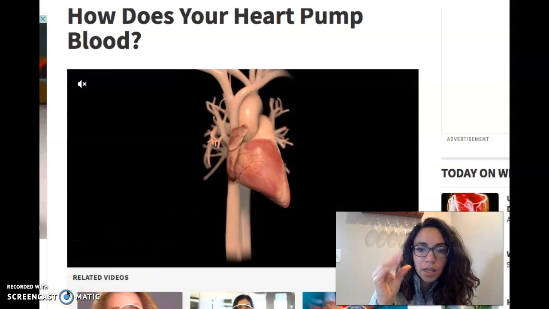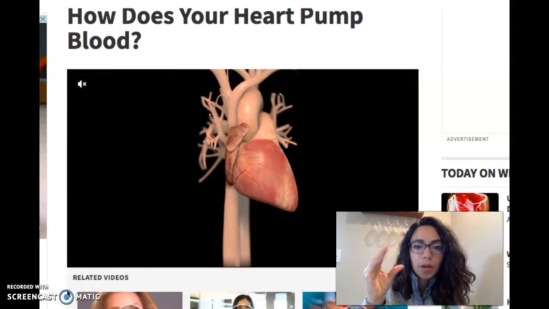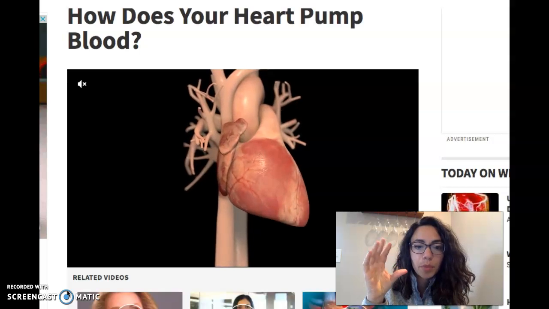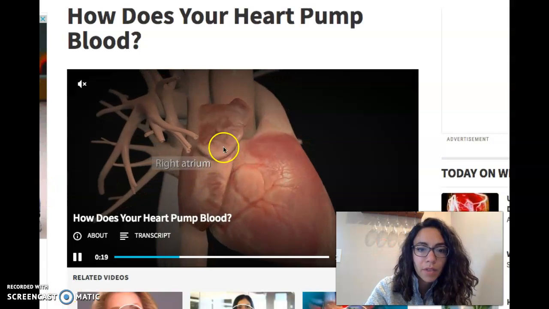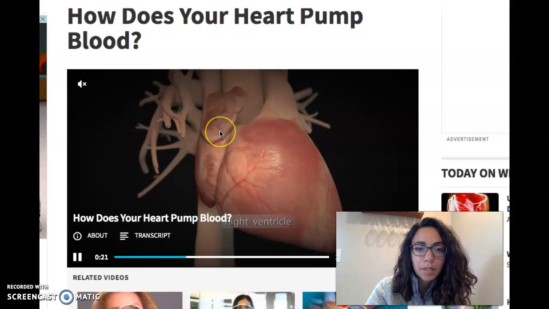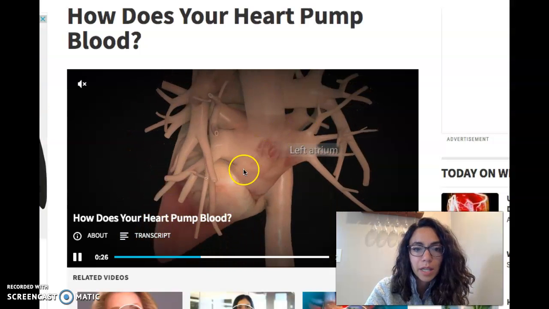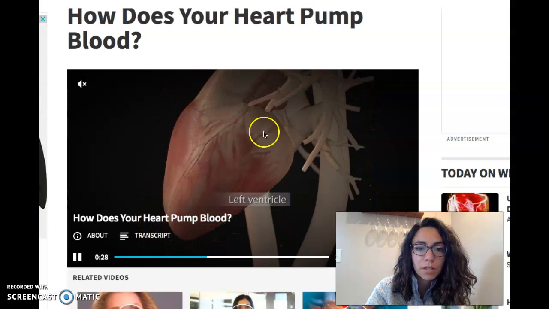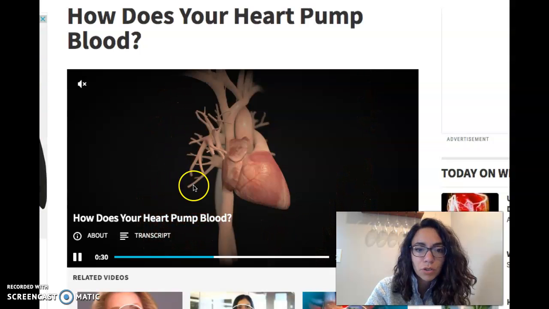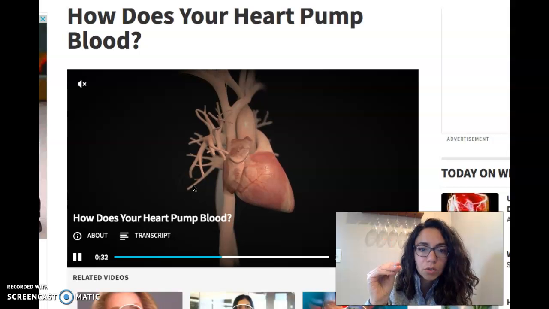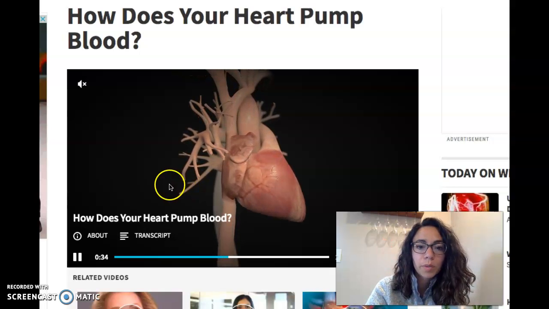Okay, here you can see the heart is pumping all the time, pumping blood around the body. We have the atrium up at the top. And the ventricles are down at the bottom. And the left atrium on the other side of the heart. And the ventricles are always squeezing, pumping to push the blood around the body.